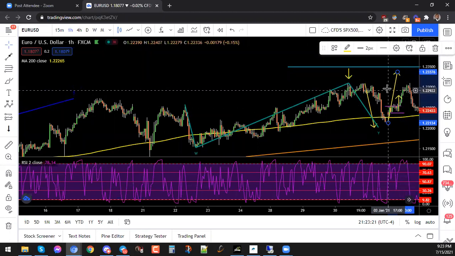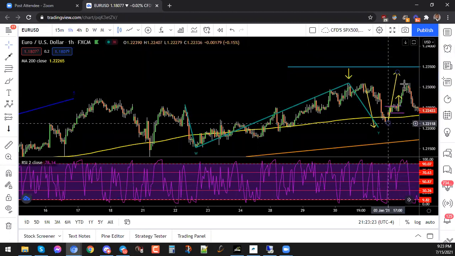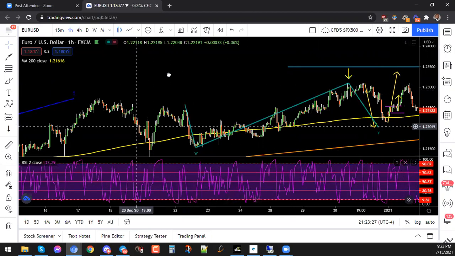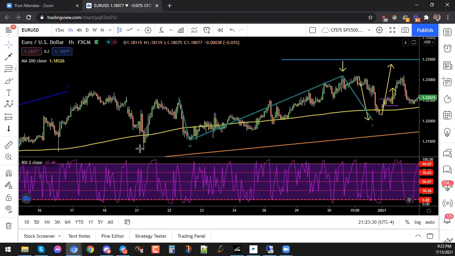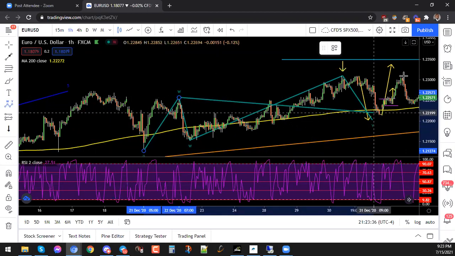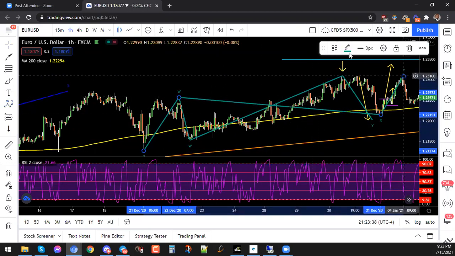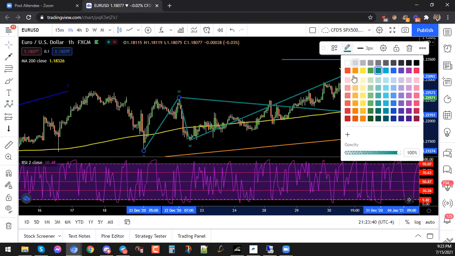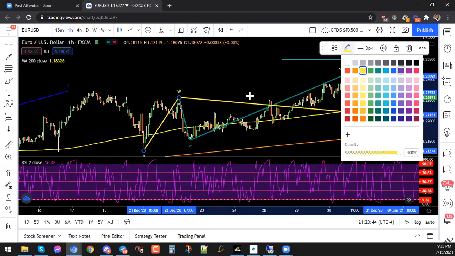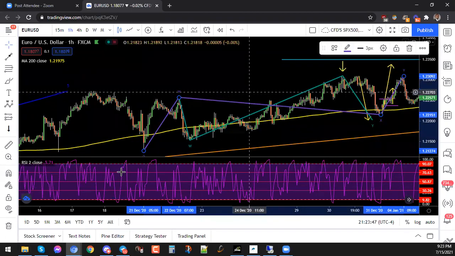Now, if we look at this as a complete wave to the upside, let's put in this drawing here. This would be 1, this would be 2, and this would be 3. Let's change the color. Let's use a different color. Okay, let's see, this should work.